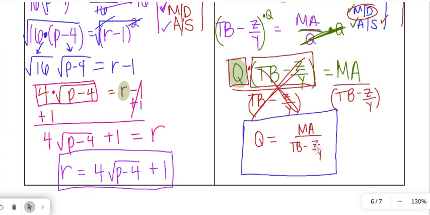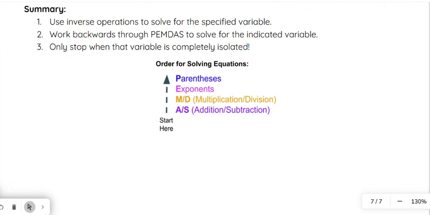So now we have all the other variables on the other side, and we have Q by itself.